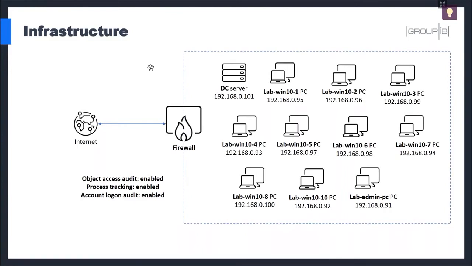But in this incident, we don't have an object access audit, because in a real infrastructure it's very difficult to enable this policy, as we will see an increase in the size of the security logs, and that's the big problem.